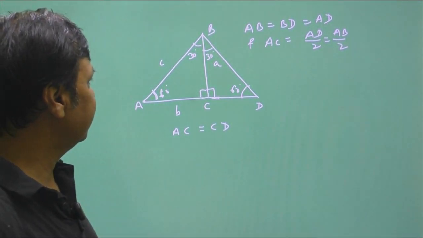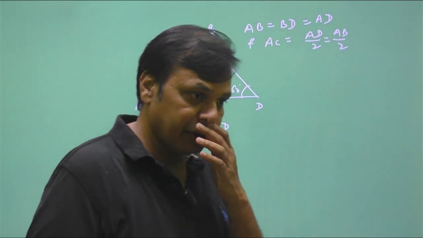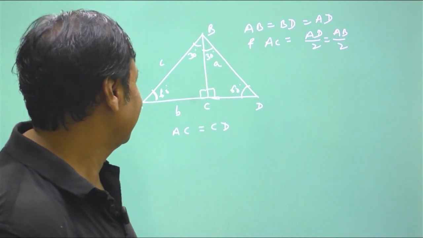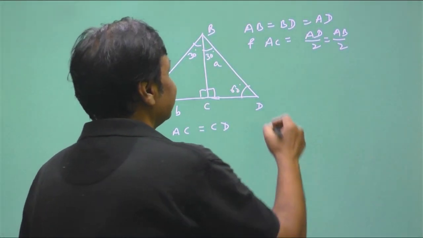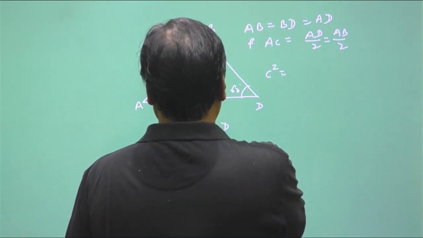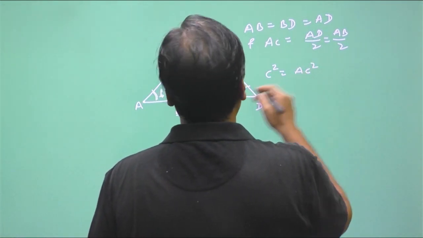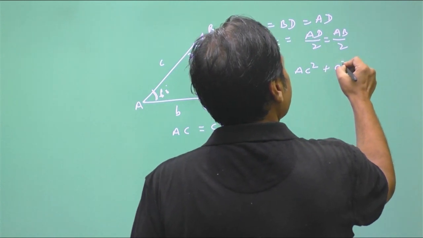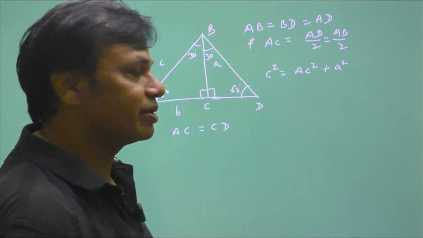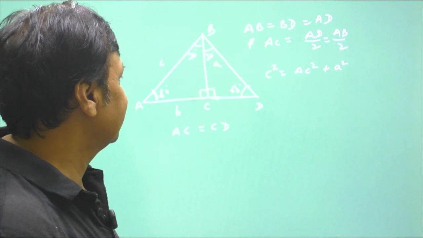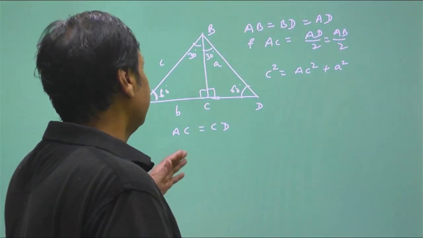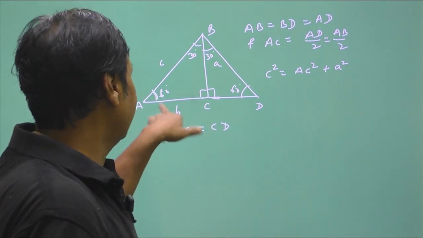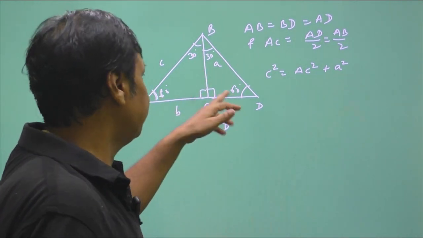And then what can we do? We use the Pythagoras theorem. Here AB square equals AC square plus BC square. AC is AB by 2, or of course AD by 2 or AB by 2.